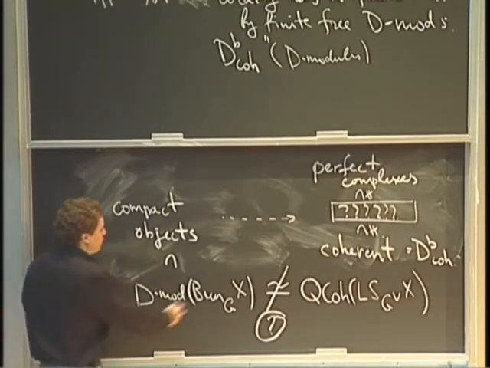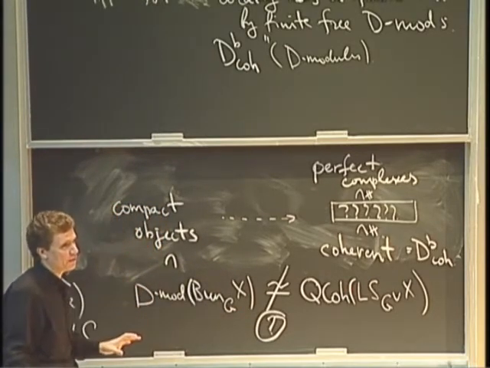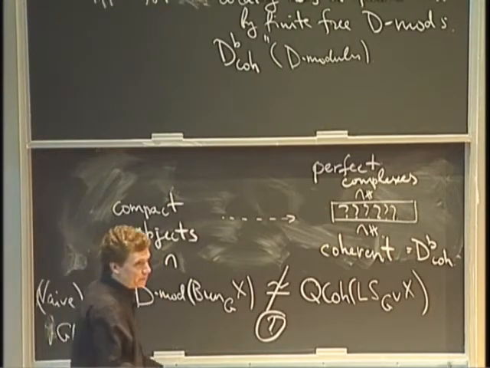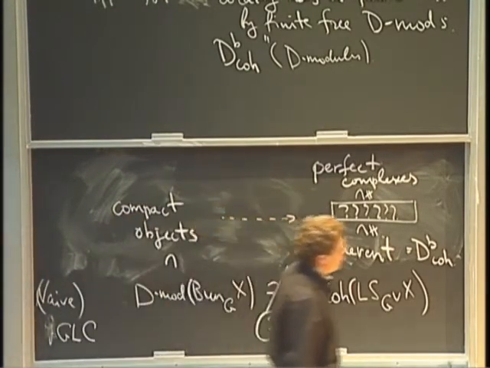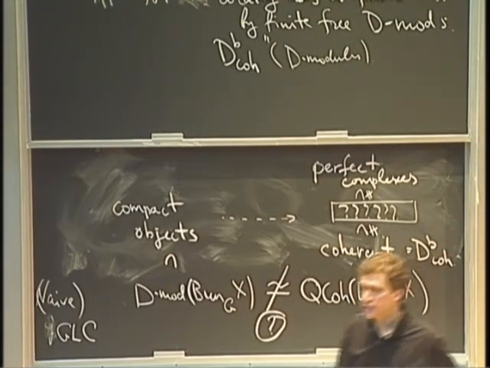If you like, you can work with big categories that have infinite direct sums. If you like, you can work with categories of compact objects, and the two things determine each other. But for now, I just want to put something here that will be consistent with the evidence, and then tell you in what way it's consistent with the evidence.